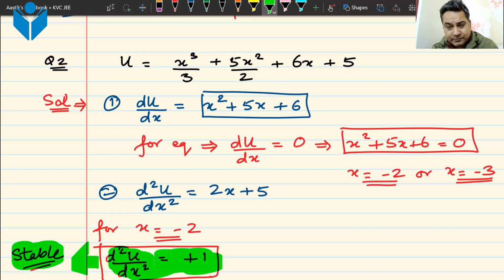So once you get minus 2 is stable, the other one has to be unstable. If you had done it for minus 3, your first answer would be unstable, and you don't have to do it for minus 2 because that would have been stable equilibrium. Everyone got this in the offline class and the online class? As simple as this. One is stable, the other one is unstable.